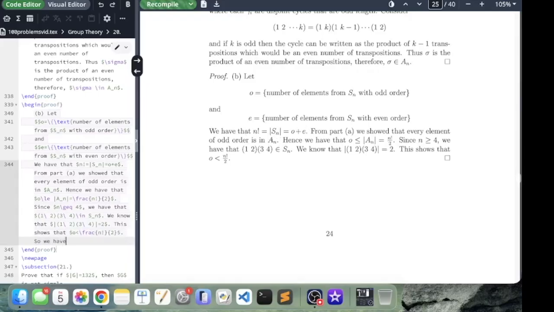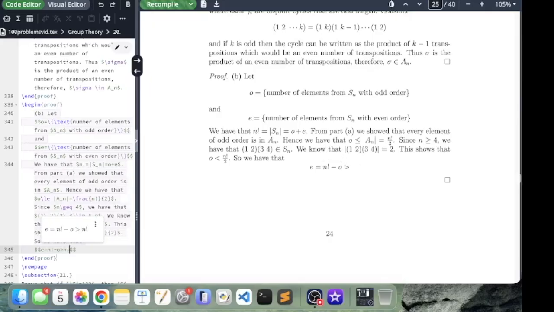Okay, now we want to combine this with this equation. If we solve for E, we get E is equal to n factorial minus O, which, if we subtract something that's strictly less than n factorial over 2, we're going to get something bigger.